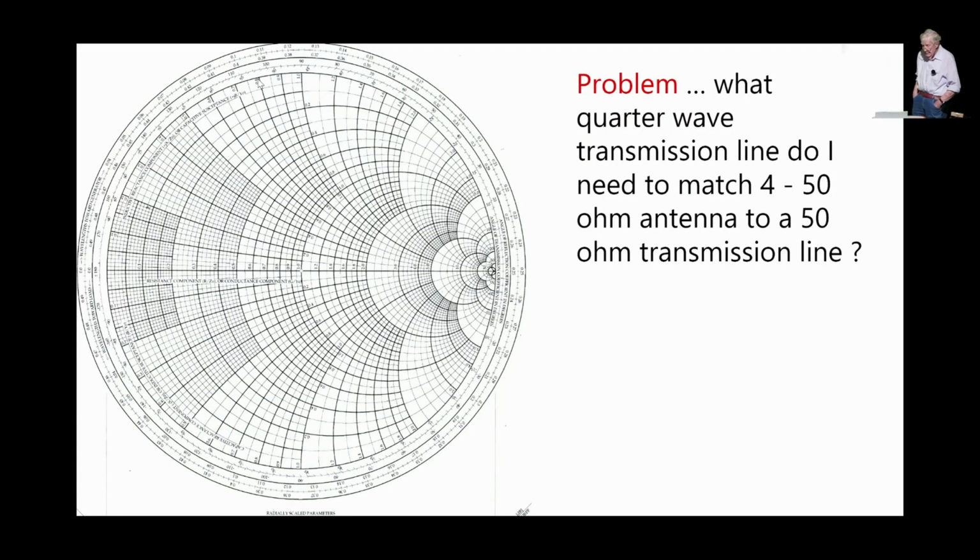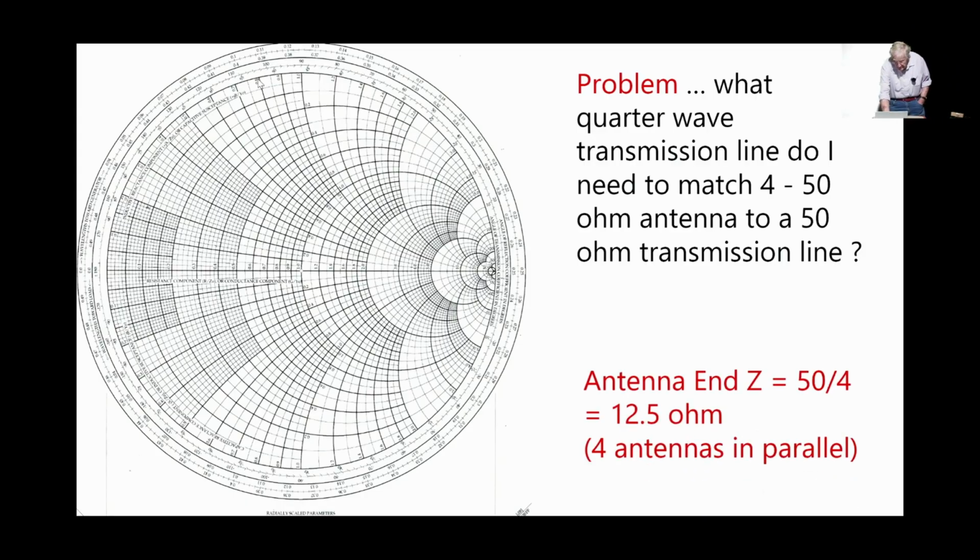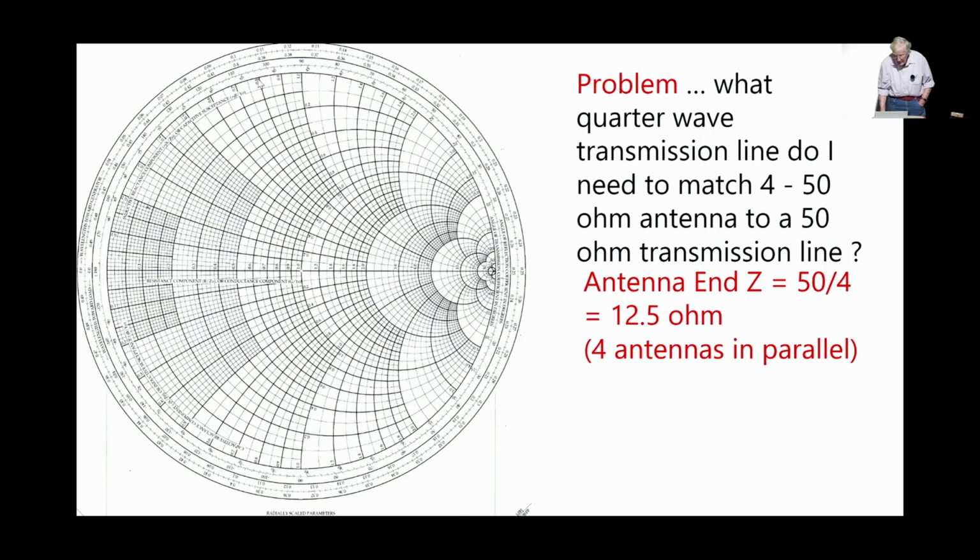This was a 23 centimetre problem for me. It looked as though I was going to have to bring in 4 different antennas to the one feed point, and therefore how am I going to match that? So a quarter wave transformer is what we used, and there's the antenna end, which is 50 ohms, and then we've got 4 in parallel, meaning that we've got effectively 12.5 ohms to transfer to 50 ohms.